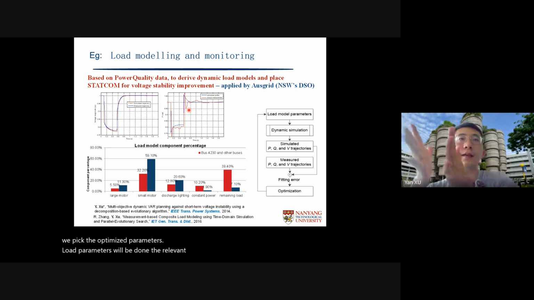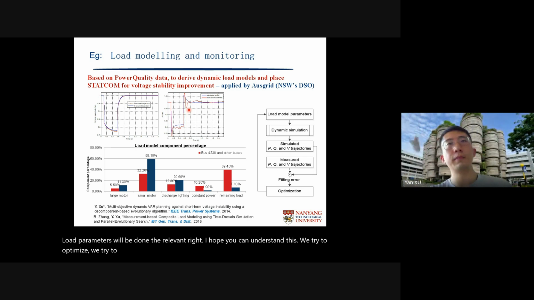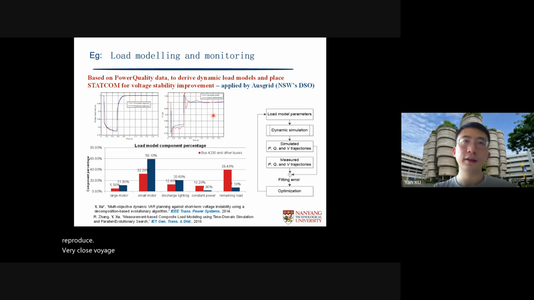I hope you can understand this. We try to optimize a set of load parameters so that they can reproduce voltage and power curves very close to the measured curves. So this is the general idea.